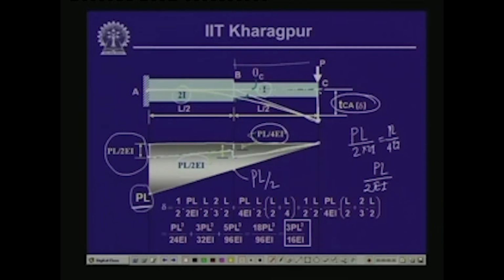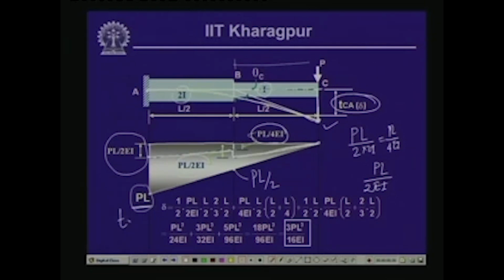So, the tangential deviation of point C with reference to the tangent drawn at point A is equivalent to the moment of the M by EI diagram between A and C taken about C. So, if we take the moment of the M by EI diagram between A and C about C, then what do we get? Now, let us look into this expression for evaluating this TCA.